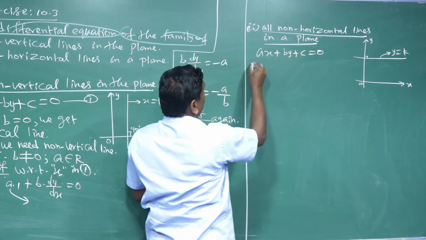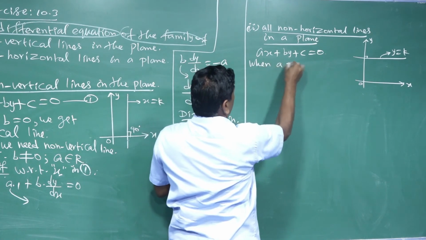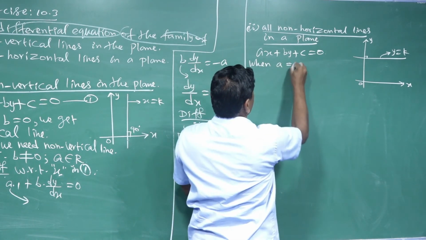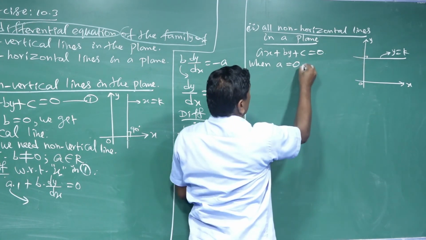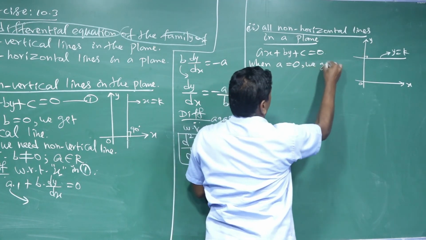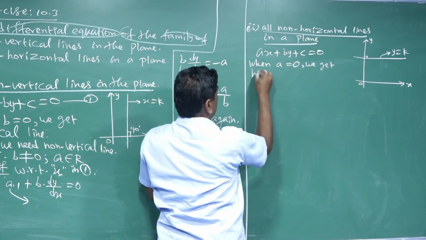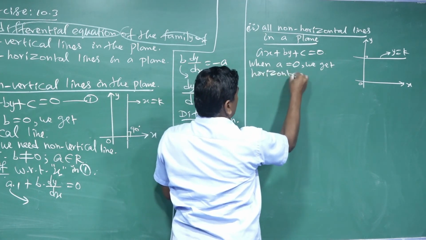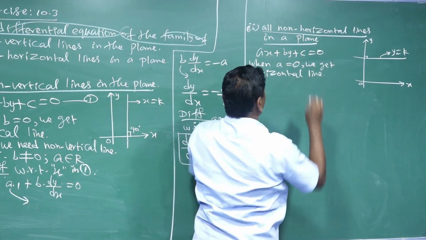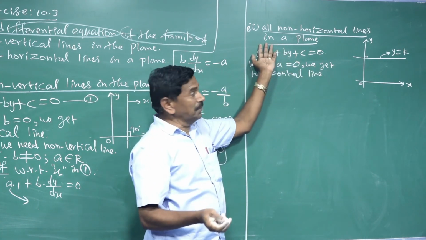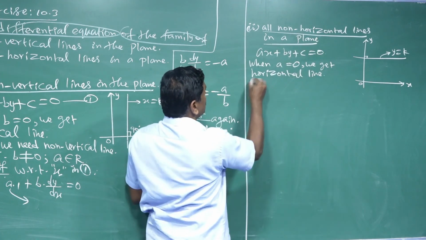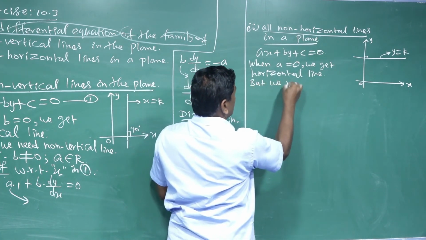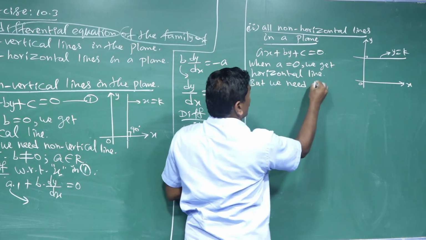Listen, when a equal to 0, we get a horizontal line.